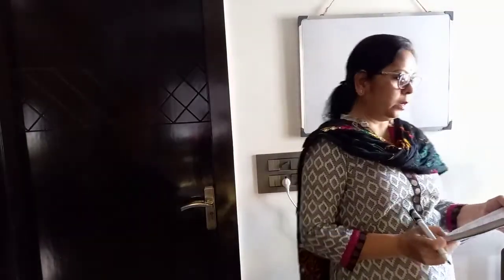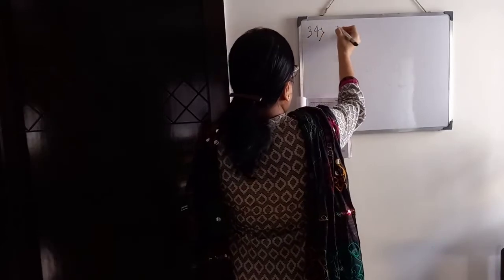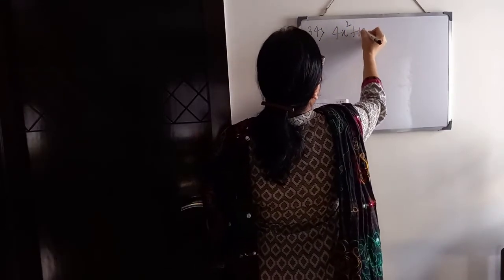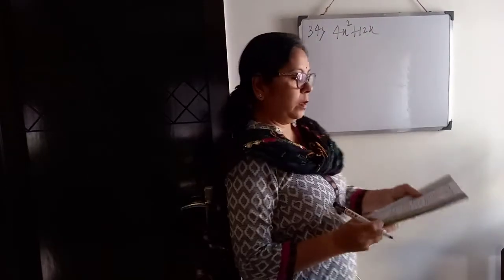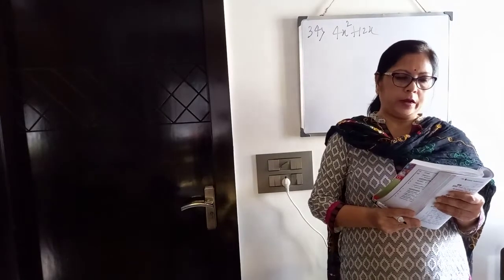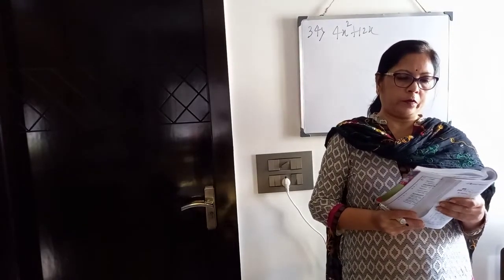Then number 34. 4x square plus 12x. Here one term is missing. What is to be added with this so that the sum is a perfect square?